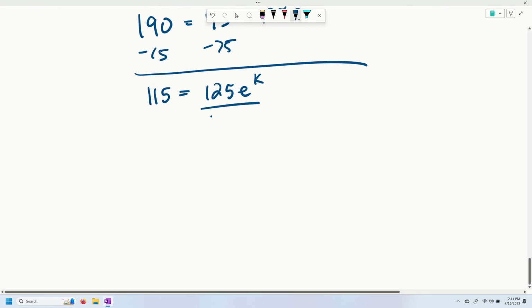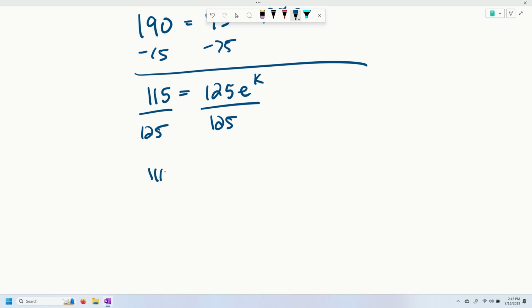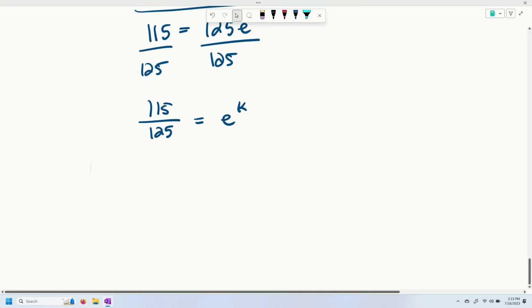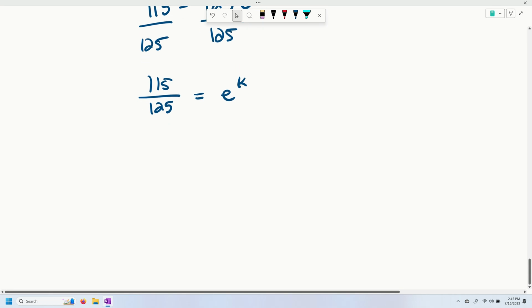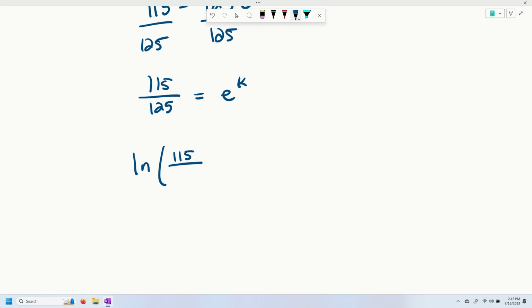Now I'm going to divide both sides by 125 to give us 115 over 125 equals e to the k. And then to solve this, we're going to take the natural log of both sides of the equation.